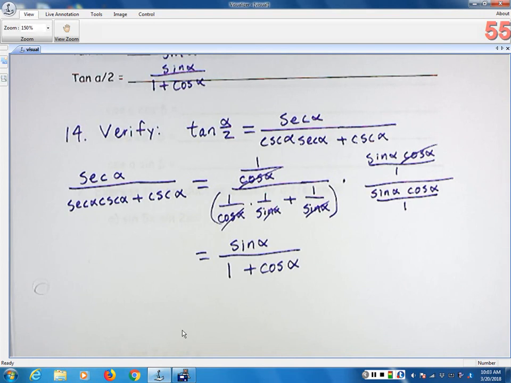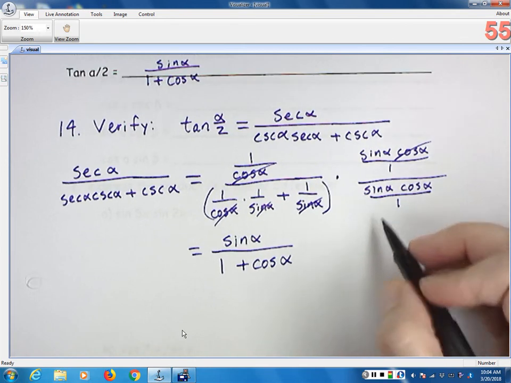So now I'm going to use the fact that sine of alpha is, so we're using the previous formula. Okay, I'm going to use this formula. I'll write it over here.